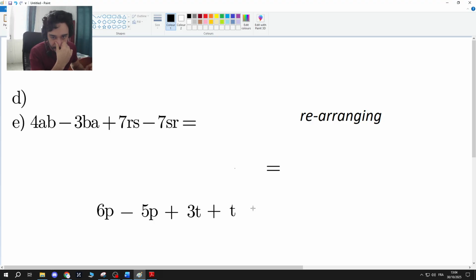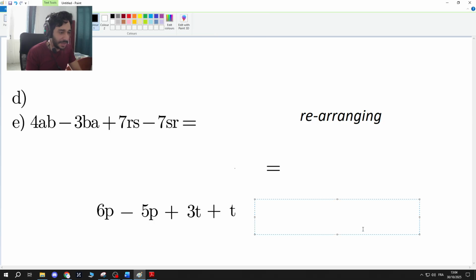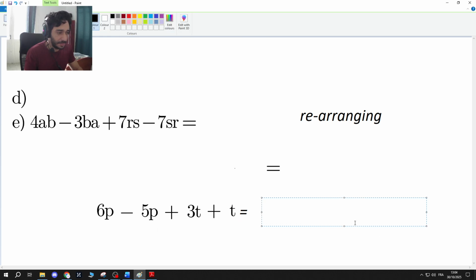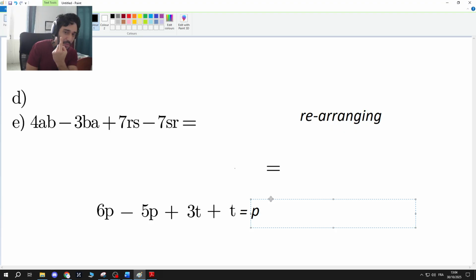And there's a good reason for that, because now I know that 6p minus 5p plus 3t plus t could be simplified. 6p minus 5p is simply p. Do not write 1p, it is p. 6 apples minus 5 apples is just 1 apple.